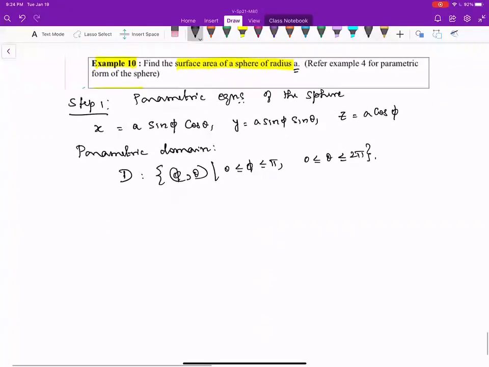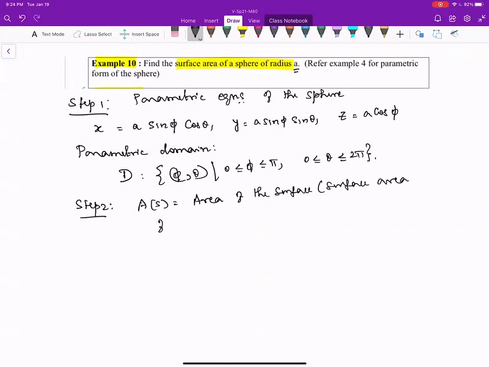Now, what formula are we going to be using for the surface area of the sphere?